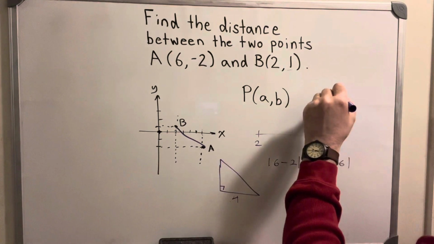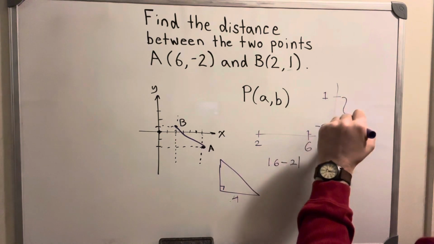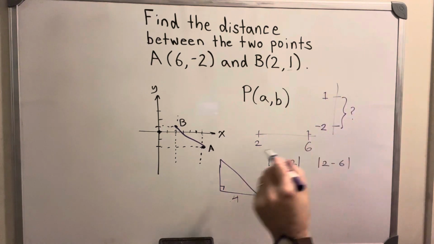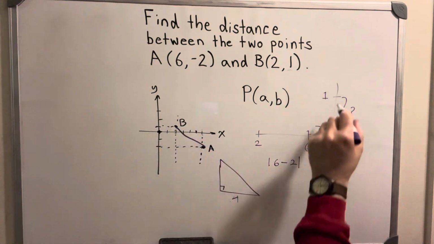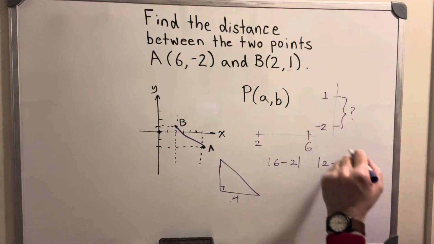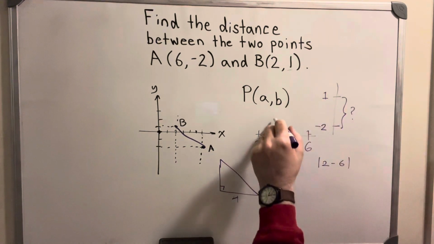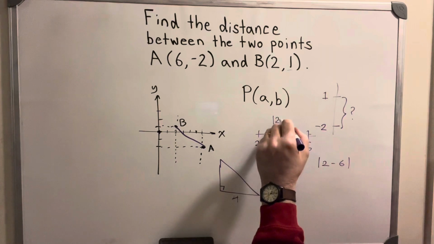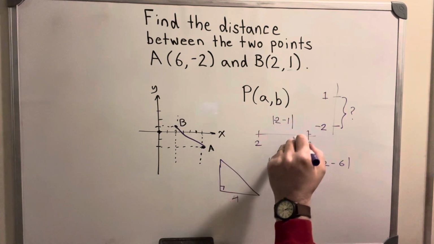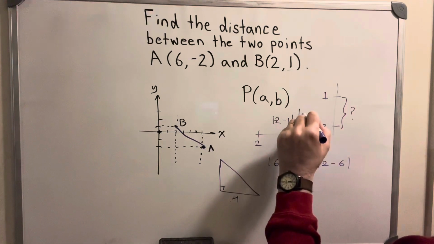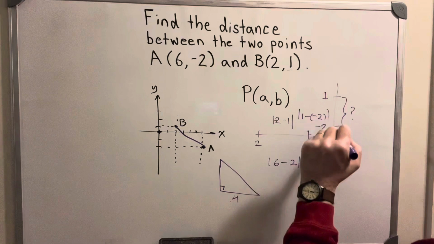So if this is at 1 and this is at -2, what is the length of this? Right, it's 3, because the absolute value of, say, -2 minus 1, or 1 minus -2, is 3.